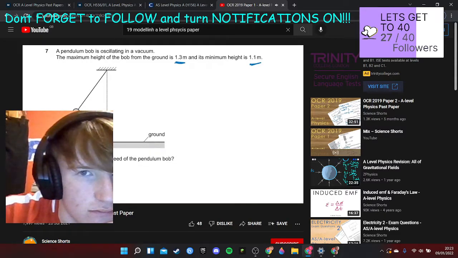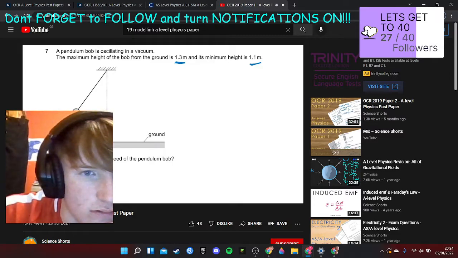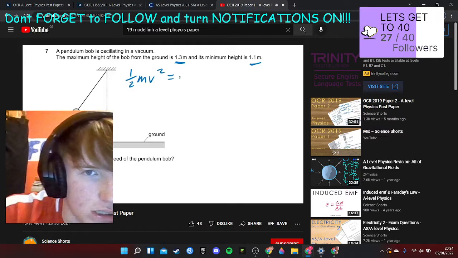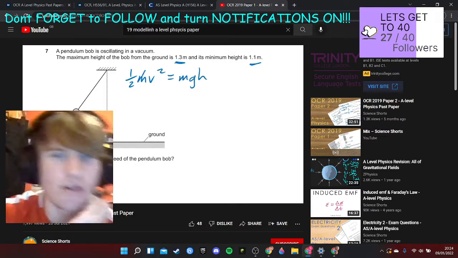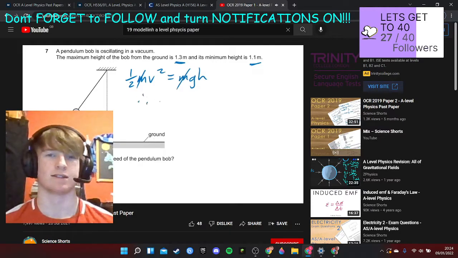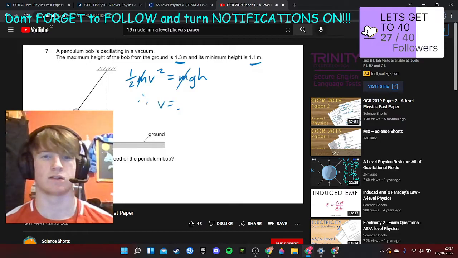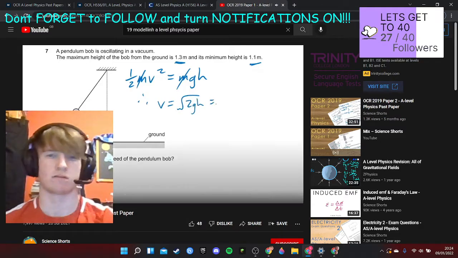If you see a height, then you know it's going to be all about energy. It doesn't matter what this is. If we have a height, we can find out the speed. So all we do is say that kinetic energy, half mv squared, is equal to gravitational potential energy, that's mgh. The m's cancel, therefore speed is equal to the square root of 2gh.